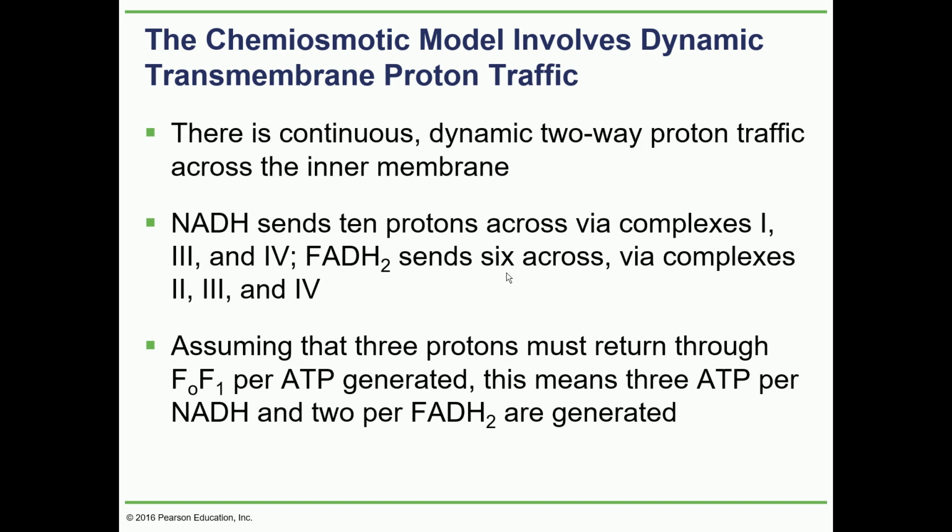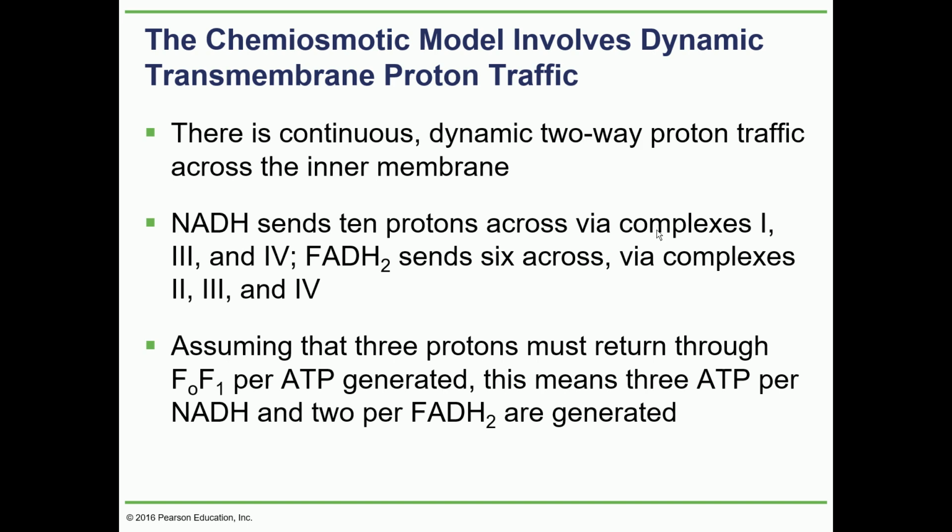Okay, so basically we have seen that when NADH delivers 2 electrons to the electron transport chain, there is pumping of 10 protons across the membrane. The protons go from matrix to intermembrane space.